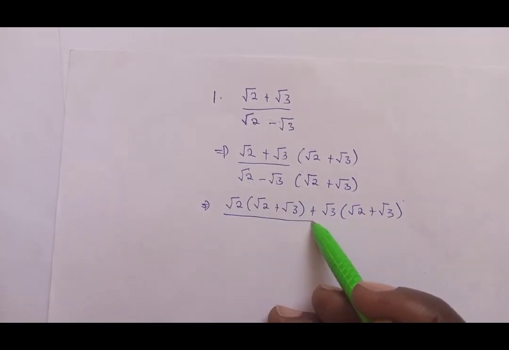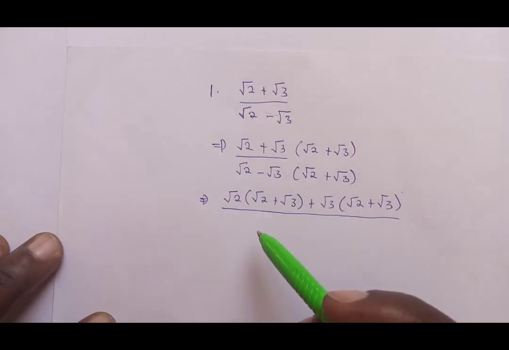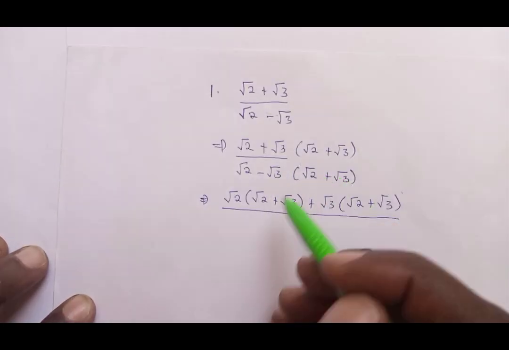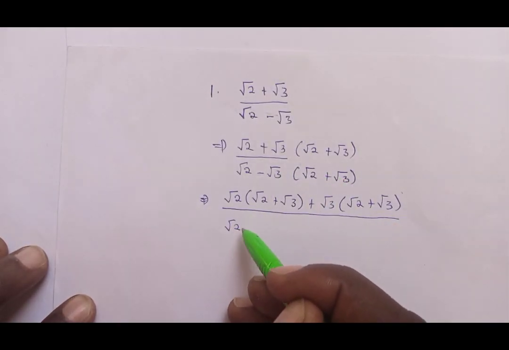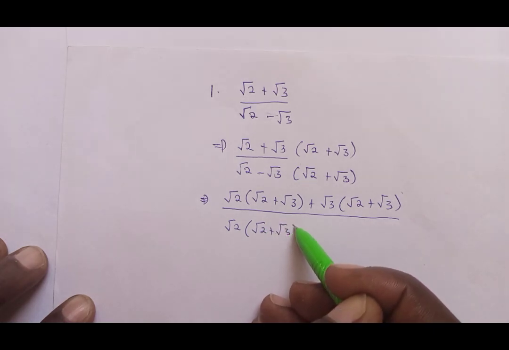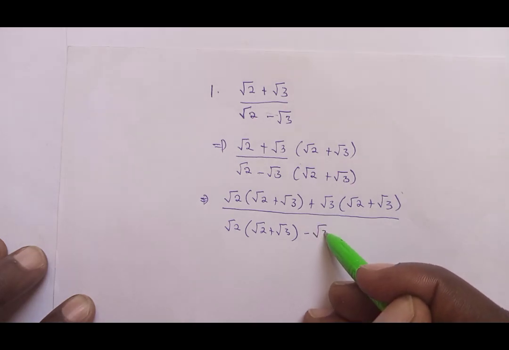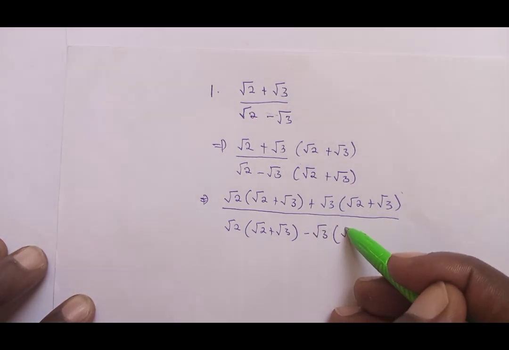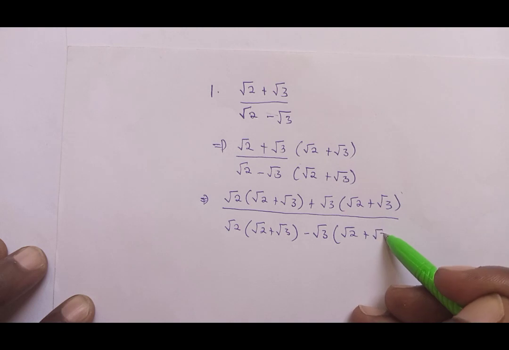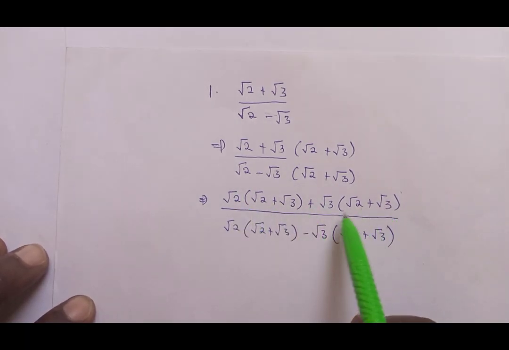Then under root, I'll then put this also. So the square root of 2 into the square root of 2 plus the square root of 3. Then see, this sign is minus the square root of 3 into the square root of 2 plus the square root of 3. So I am now going to open the brackets.